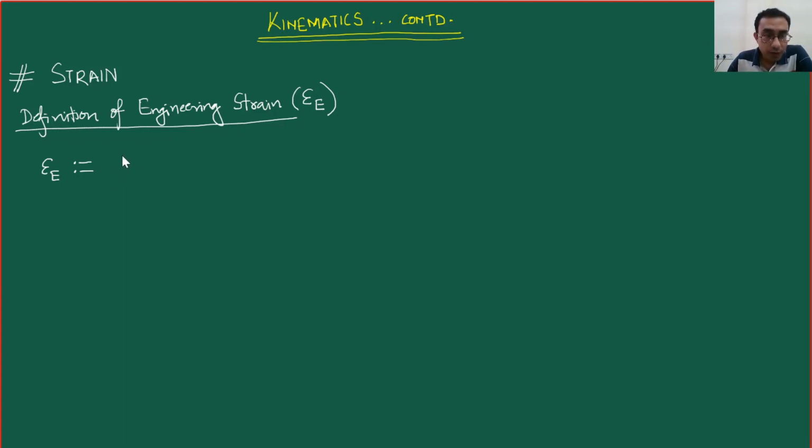And within the context of our current mathematical framework, we are going to say that in the numerator we have the difference between the final length and the initial length in this form.